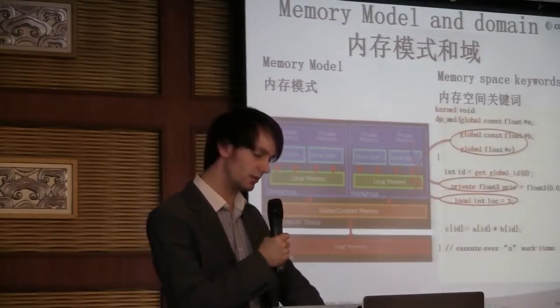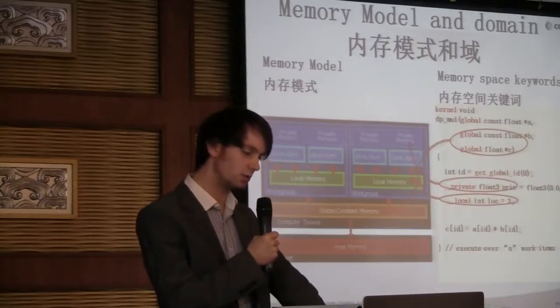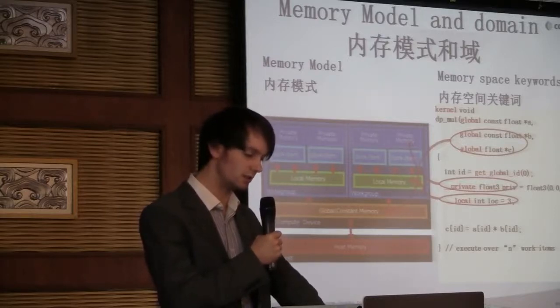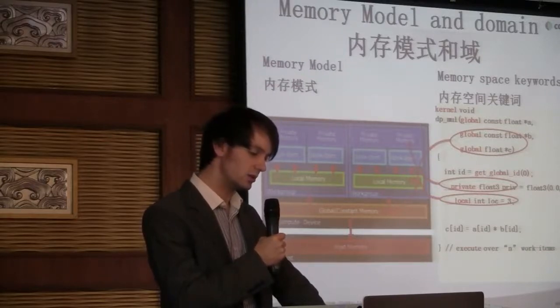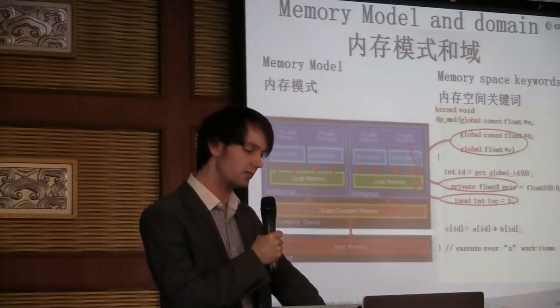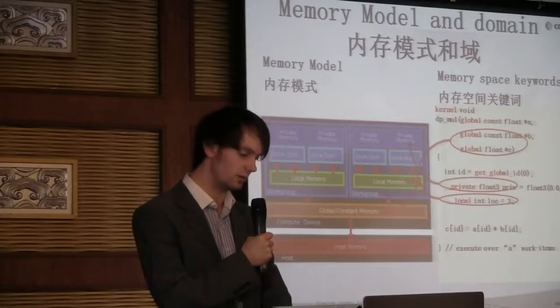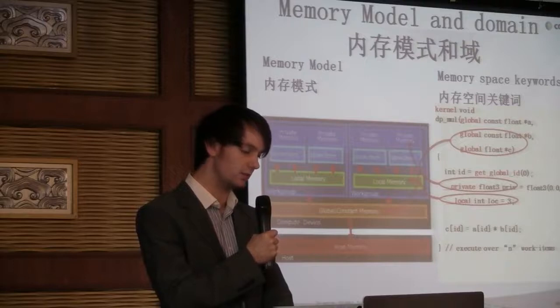This is a simple example of how some code might be represented and how that looks compared to the memory model. As I say, it's very explicit. The private memory is only available to the kernel that's currently being executed. The local memory can be used between kernels, and the global memory can be used between all kernels.